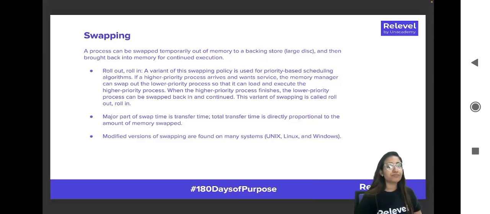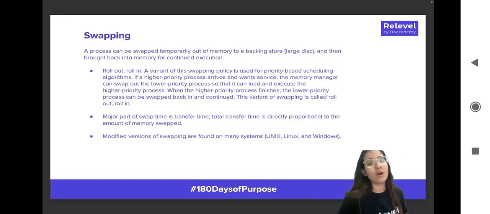Let's say you have a process and due to some interrupt, its execution is terminated. It was executing, but now it is not allowed to execute, so all the resources which were initially allocated to it have been taken back. So this is a common scenario where a process can be temporarily taken out of the primary memory.